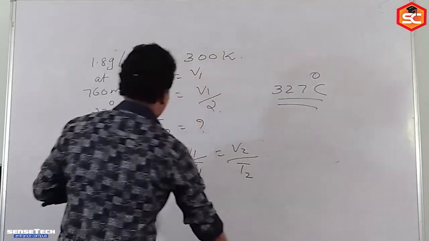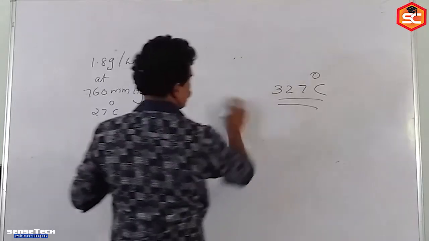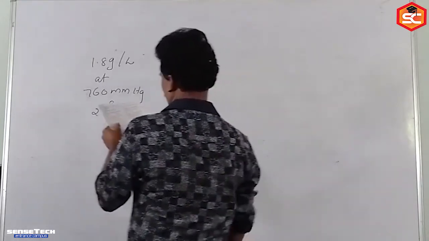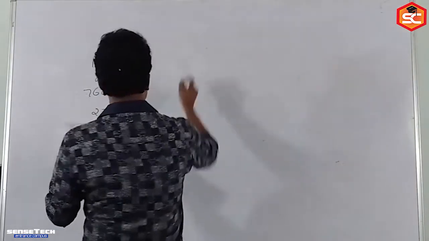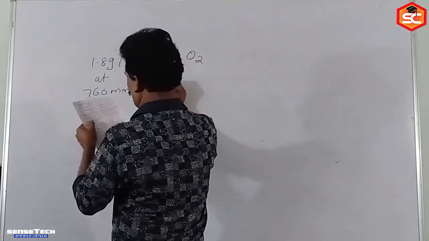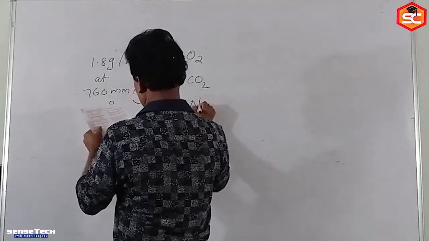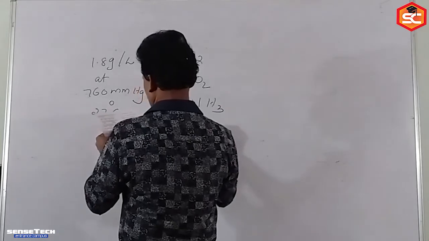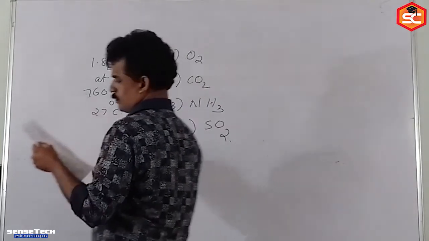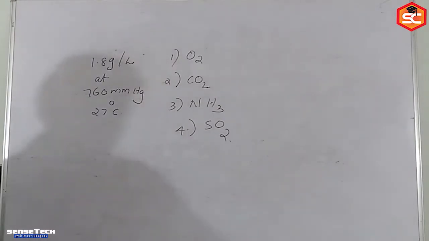The gas will be: options are given. First one is O2, second one is CO2, third one is NH3 and fourth one is SO2. So identify which gas it will be. The conditions are given: temperature, pressure.